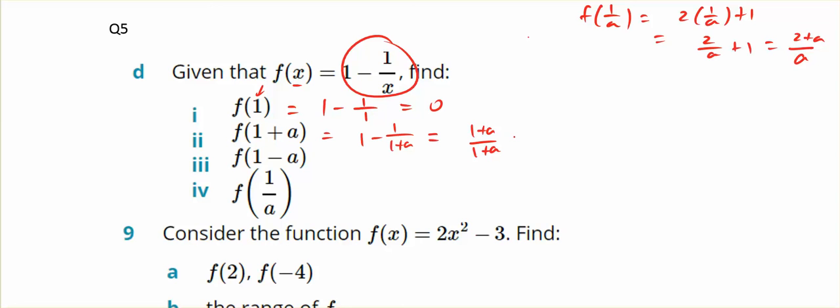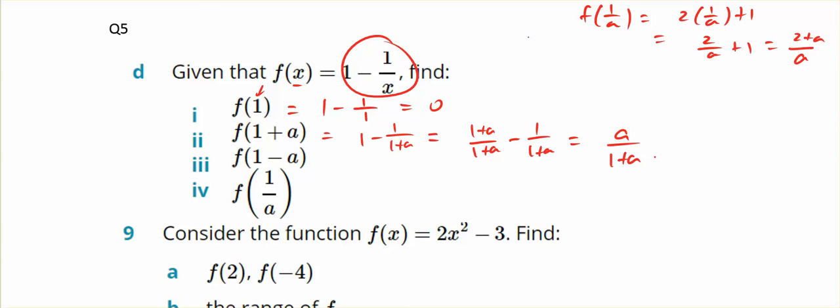So 4 divided by 4 equals 1, 5 divided by 5 equals 1, a divided by a equals 1, etc. (1 + a)/(1 + a) equals 1. Minus 1 on 1 + a. So since the denominators are the same now, I can subtract the numerators. So 1 minus 1 is 0, and you've got left over a, on 1 + a.